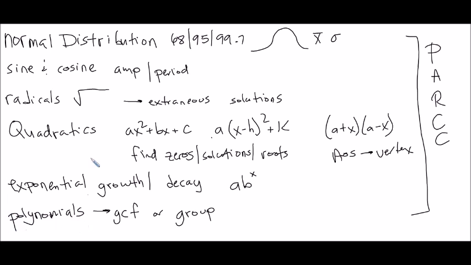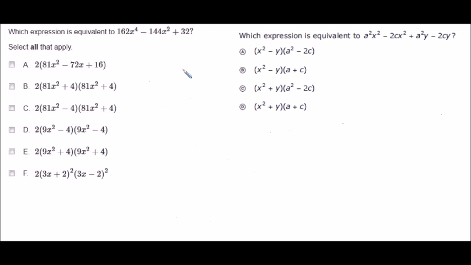The previous videos have already gone through some of these things. Let's look now at some polynomials. So here I've got two expressions, and Park wants us to break them apart. I'm either going to GCF them or I'm going to group them depending on what they have in common with each of their terms.